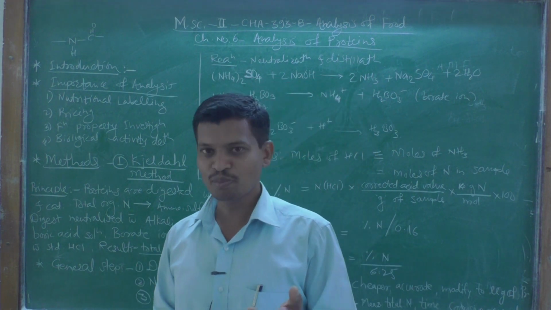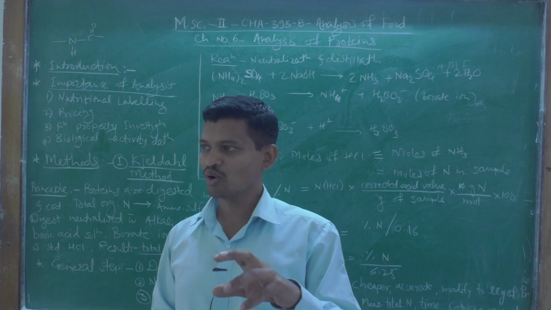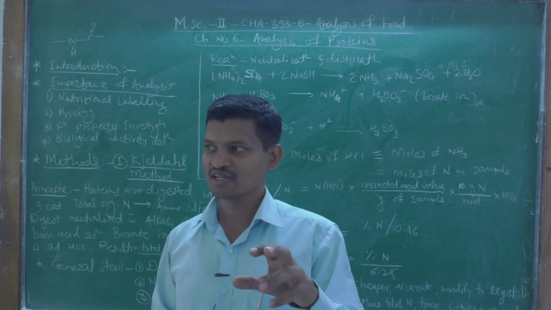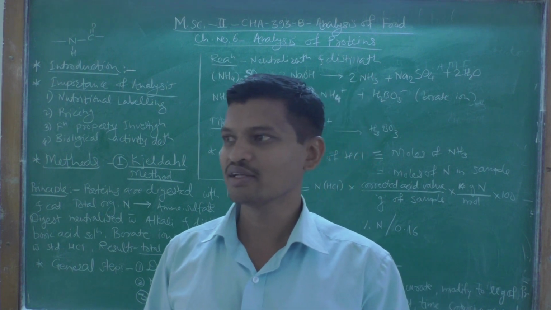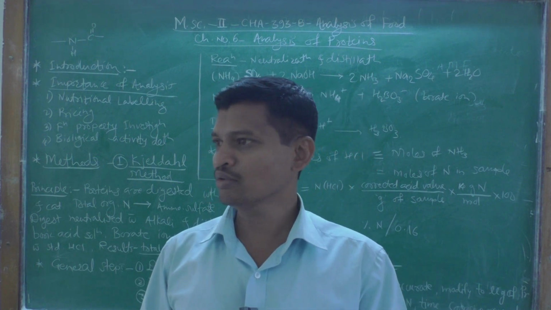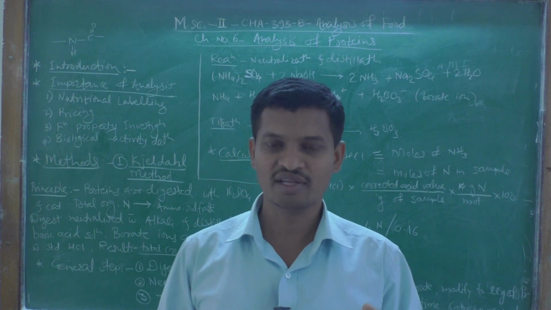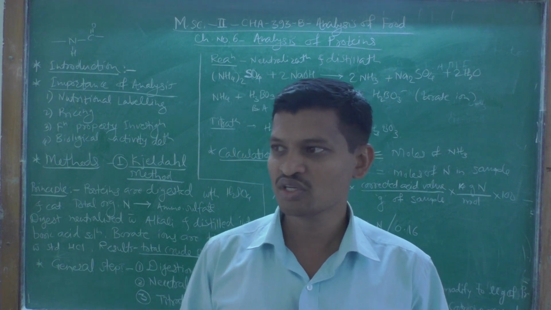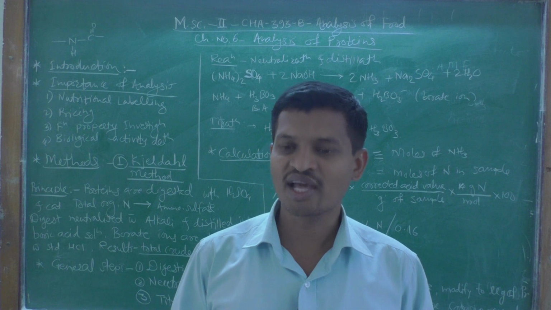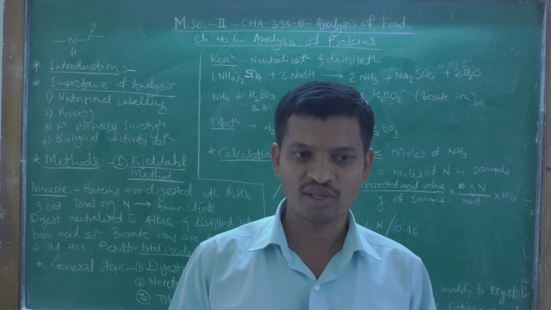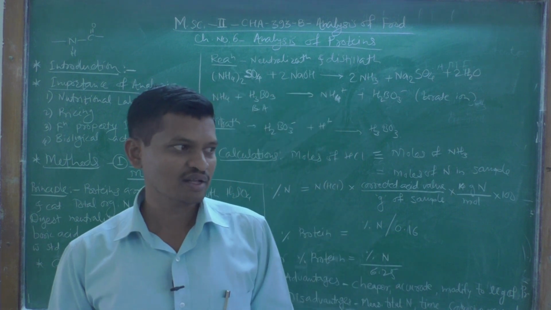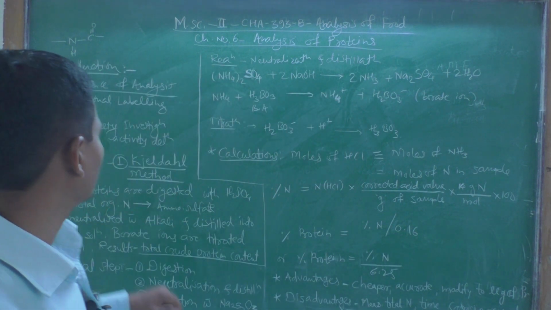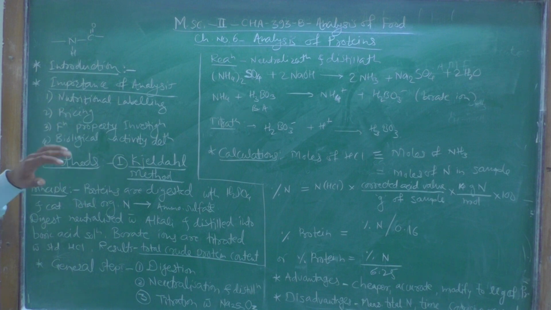For example, milk or cheese, and cereals that we use in our diet, their price is mainly based on the protein content in the sample. So that's why pricing is one of the important reasons for the analysis.